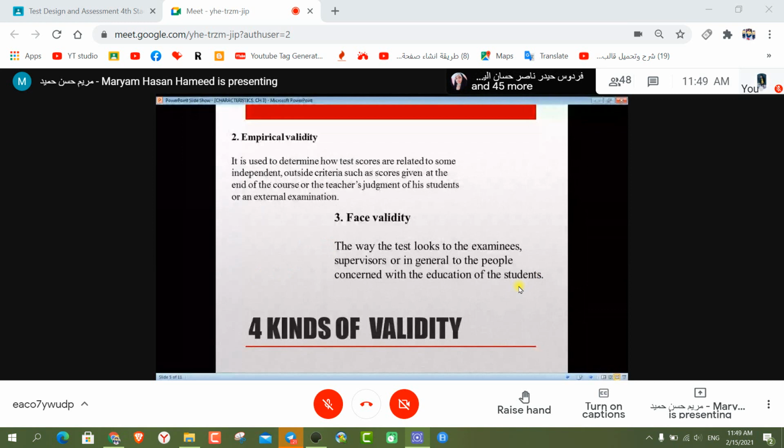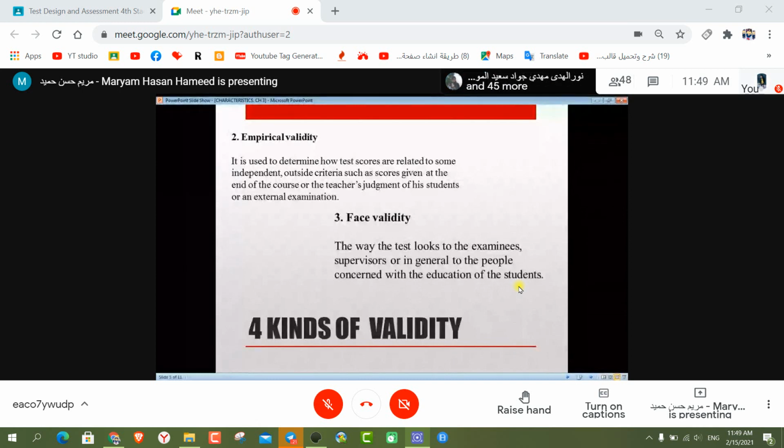Empirical validity is if we are to check the effectiveness of a test and determine how well the test measures, we should relate the test score to some independent outside criteria, such as scores given at the end of the course or the teacher's judgment of his student or an external examination.